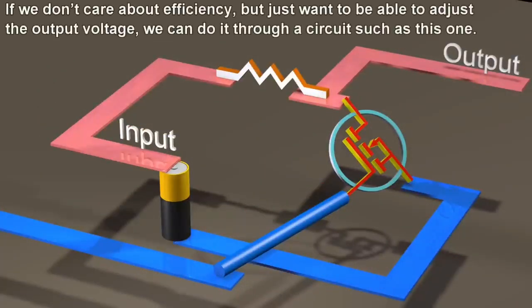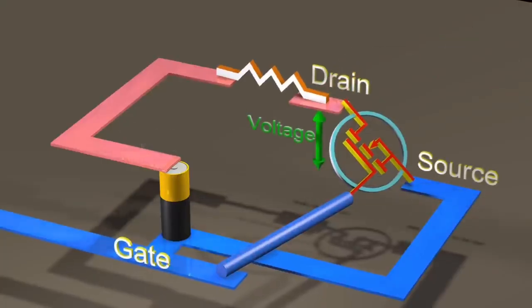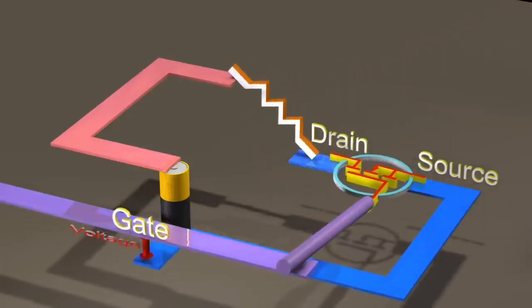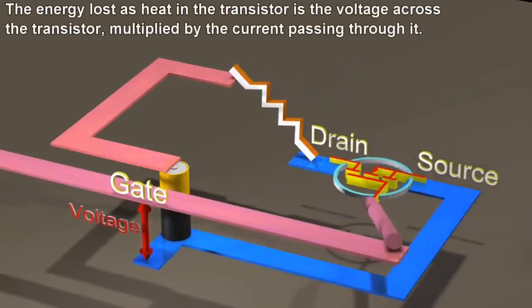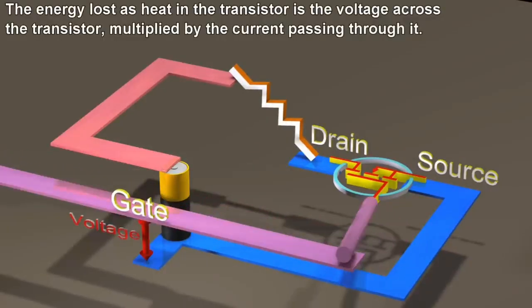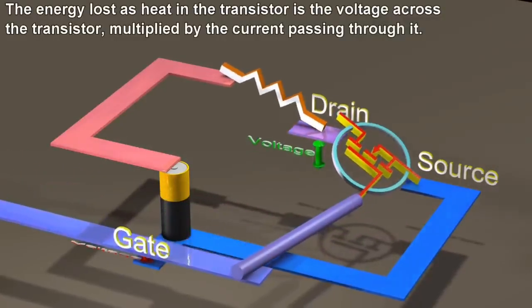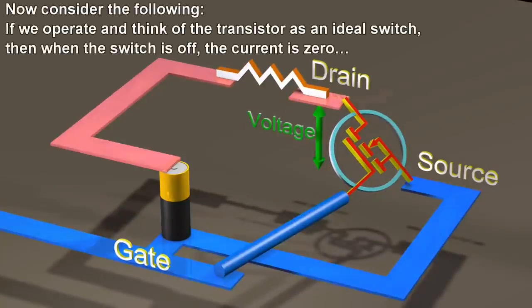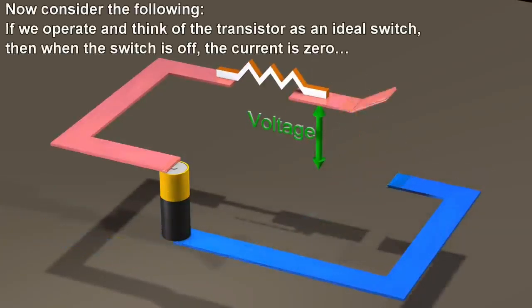If we don't care about efficiency, but just want to be able to adjust the output voltage, we can do it through a circuit such as this one. The energy lost as heat in the transistor is the voltage across the transistor, multiplied by the current passing through it. Now, consider the following. If we think of the transistor as an ideal switch, then when the switch is off, the current is zero.